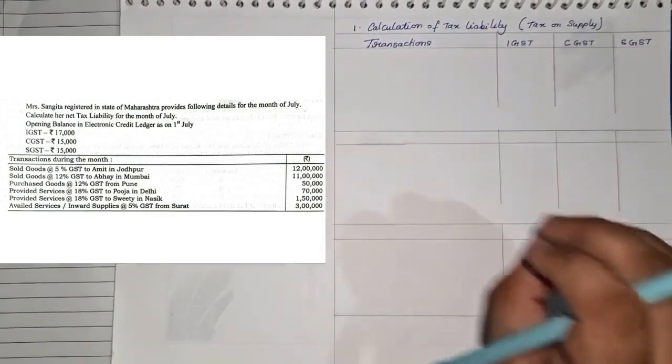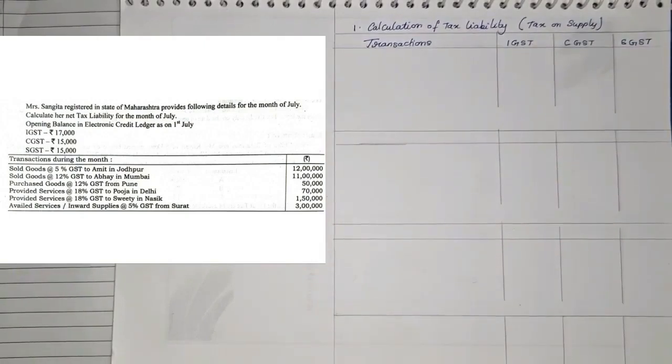Okay, now very simple. This particular table will only include supply, whatever you're selling, whatever you're supplying, only that. Now the very first thing which is given in the transaction in the question is sold goods at the rate of 5% GST to Amit in Jodhpur. Now very important thing, we'll read the question. See, it's given Sangeeta is registered in the state of Maharashtra. Now remember, if you are supplying, or purchasing within the same state, this is very important.